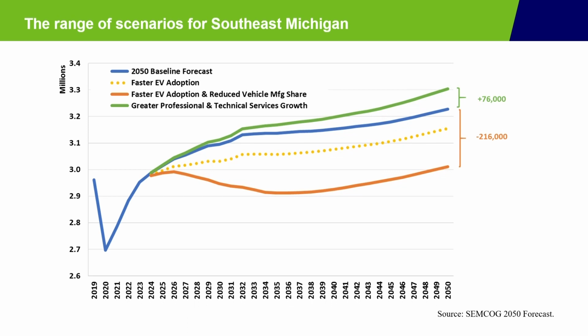So we also do alternative scenarios by changing the assumptions, by changing the input data. This time we look at a couple of EV transformation scenarios. So basically, if the transition to EV is faster, there will be a negative impact on our economy and employment in this region, particularly if the EV vehicle and parts manufacturing and the battery manufacturing disperse outside Michigan.